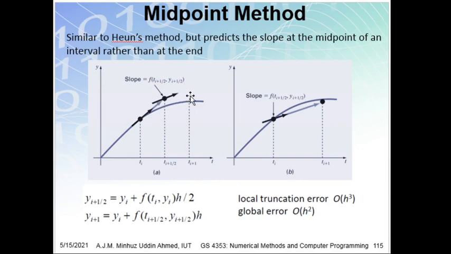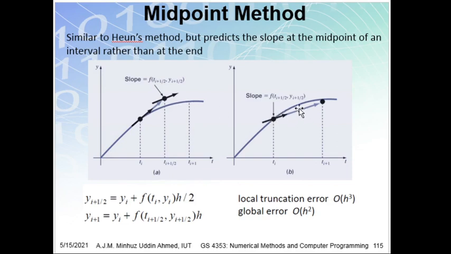So this is the improvement in the midpoint method. The previous method took the slopes at the two boundary points and averaged them, and the midpoint method says only take the midpoint slope and apply it at the initial point to predict this one.